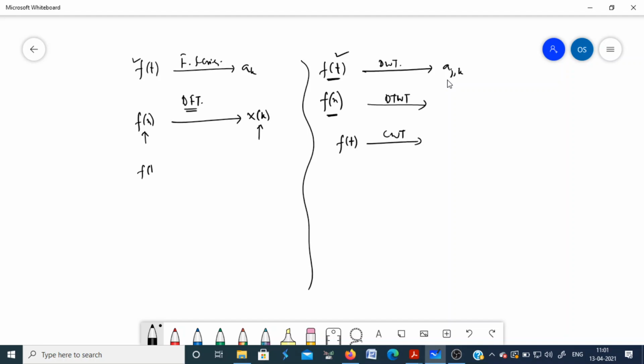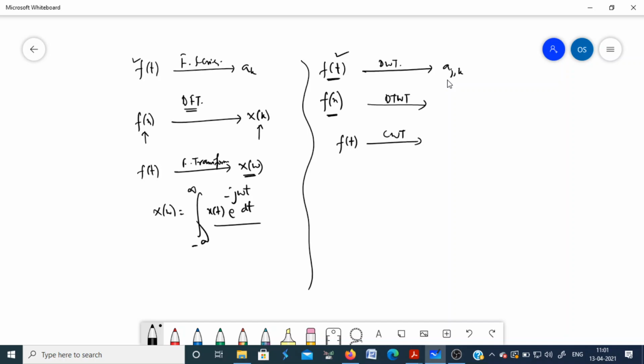So if you have f of t, a function which is not periodic in general, and you find its Fourier transform, you get X of omega. Now this X of omega is a continuous function of frequency, which we call the Fourier integral basically. So X of omega is basically the integral of x of t e raised to power minus j omega t dt.